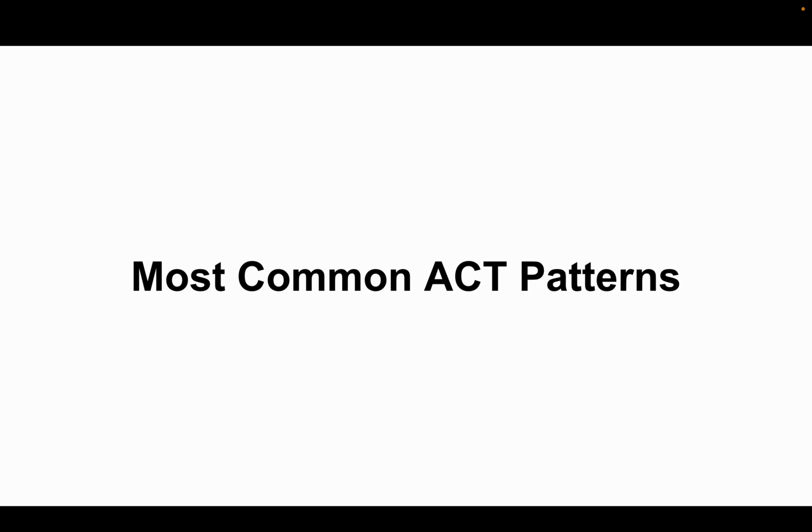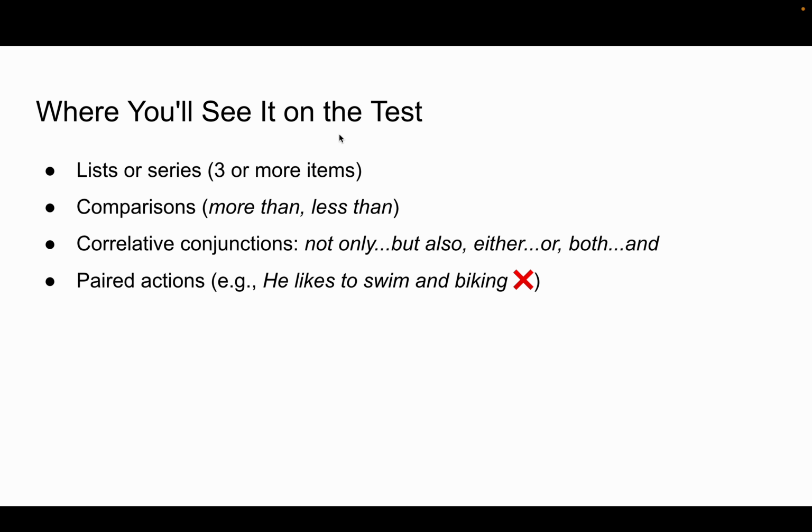So here, some of the common ACT patterns that you'll see will include testing it on lists or series, so essentially 3 or more items. Testing it on comparisons, so more than, less than.